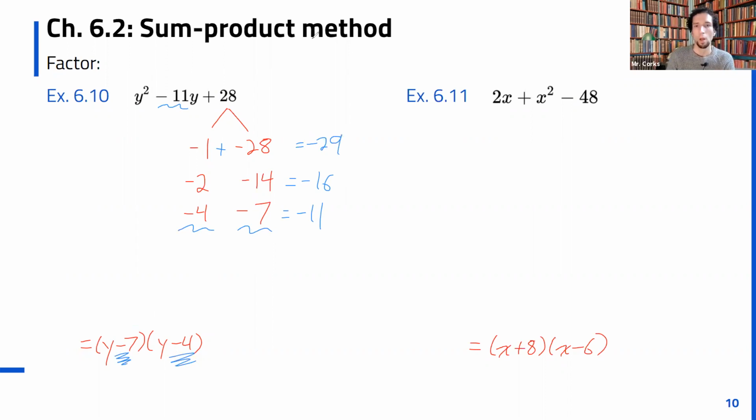That's it. All right, and the one on the right here, let's rearrange it so you don't get confused about which thing is the A or the B. It's -48. This one's a little more complicated with the signs. The 48 is negative, so what does that mean about the signs of the two factors? Plus and minus, so they'll be different. One will be positive, one will be negative.